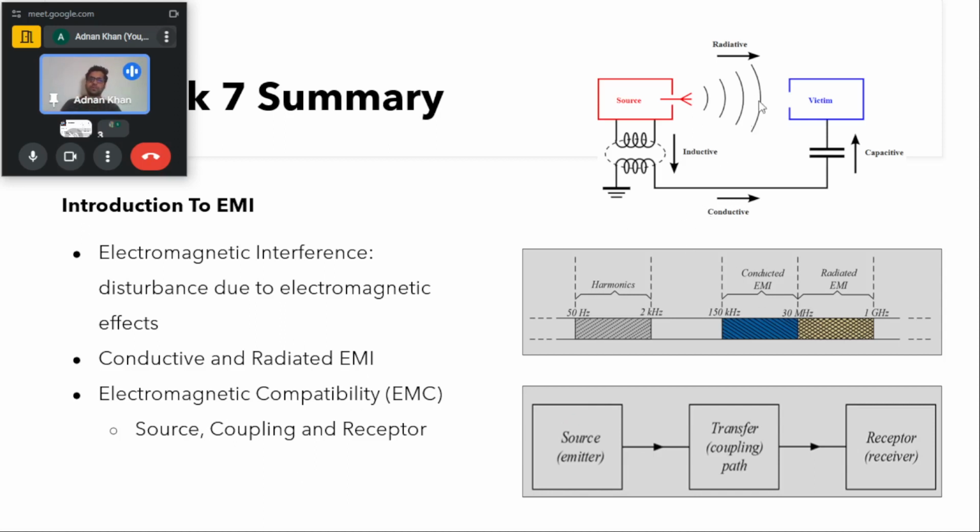So you can see the different frequency spectrums, what the different harmonics in these spectrums are, and where our EMI will lie. If we have any grid connected system, we have a grid connected at 50 hertz or 60 hertz, and usually with that grid we won't get a very proper sinusoid.